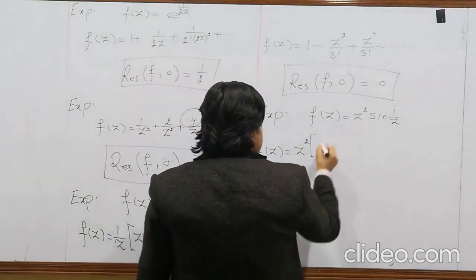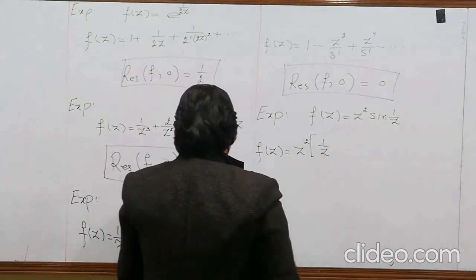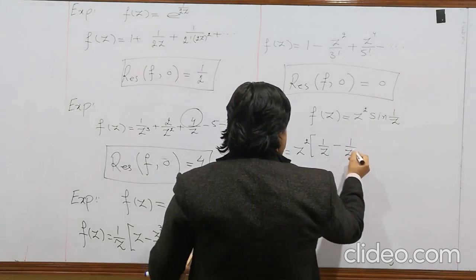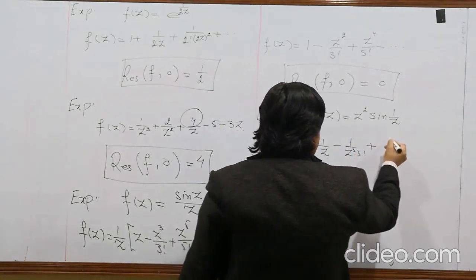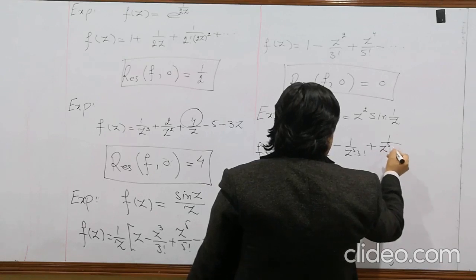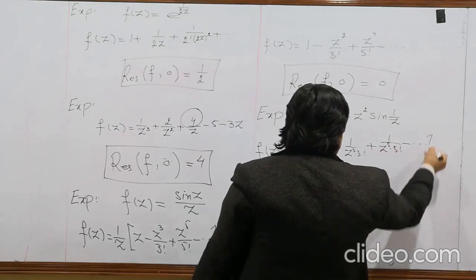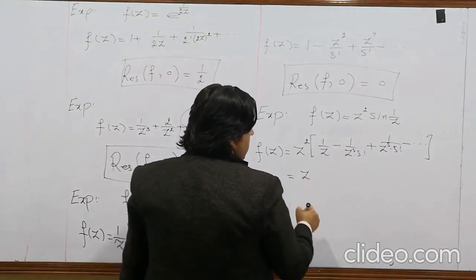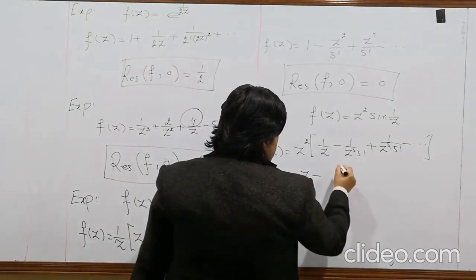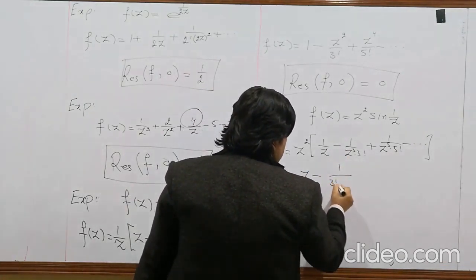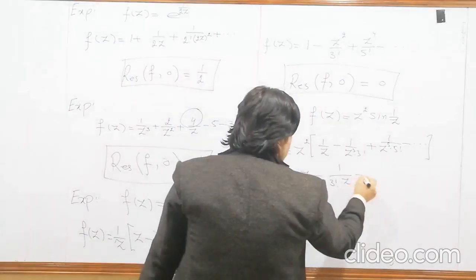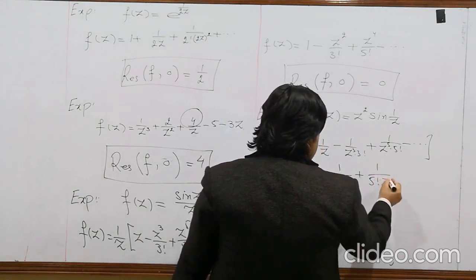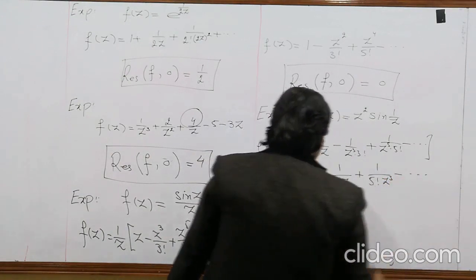So I will write that 1 over z minus 1 over z cube into 3 factorial plus 1 over z power 5 into 5 factorial and minus up to so on. Now I have to multiply this inside. So I will get z here. Here I will get 1 over 3 factorial into z, and here I will get 1 over 5 factorial into z power 3 and minus up to so on.